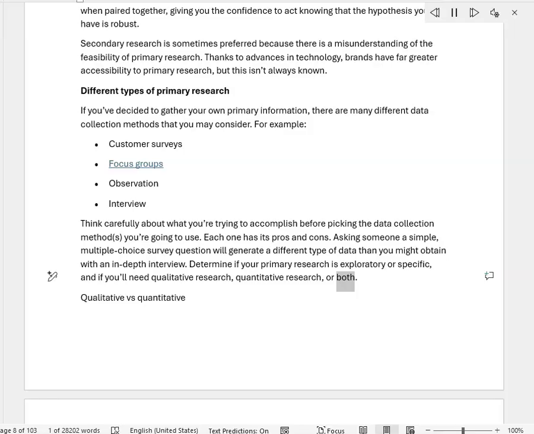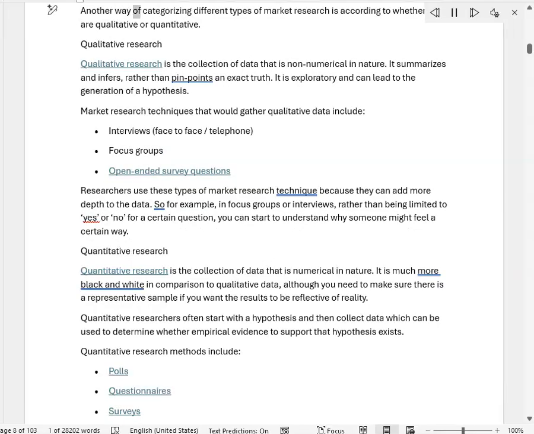Qualitative vs. quantitative. Another way of categorizing different types of market research is according to whether they are qualitative or quantitative. Qualitative research. Qualitative research is the collection of data that is non-numerical in nature.